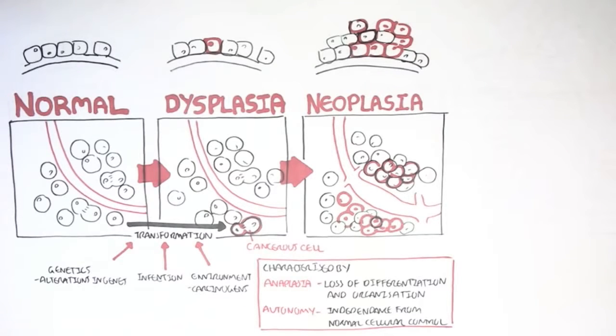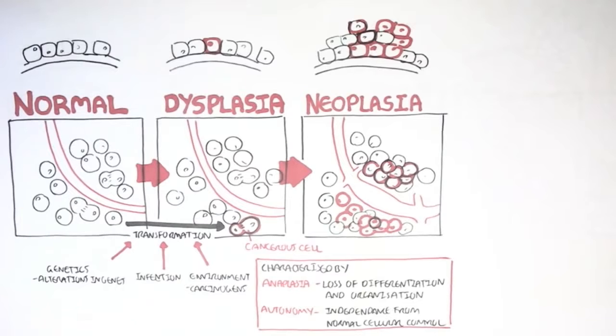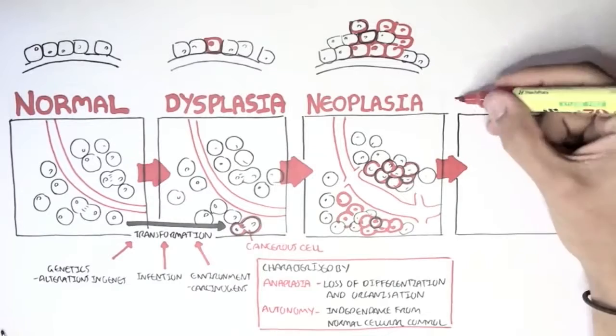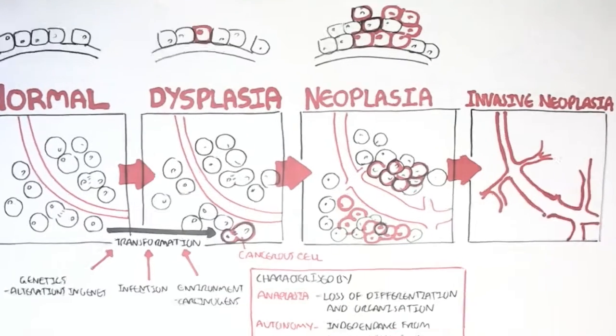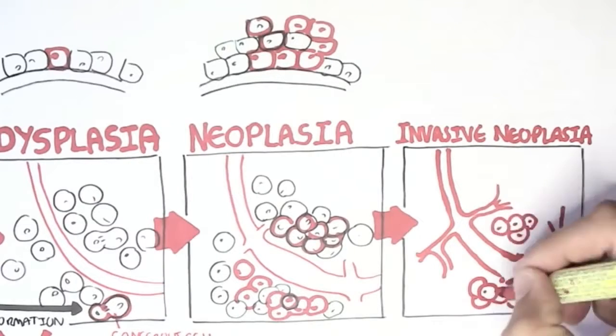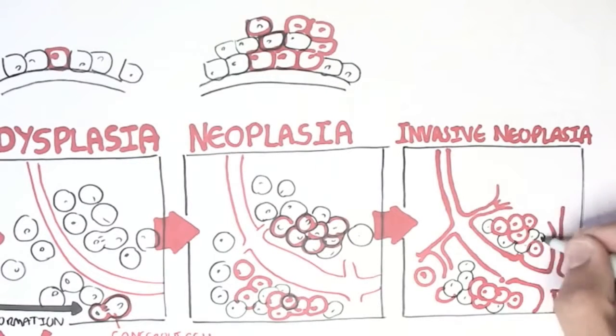Further, new blood vessels will also begin to form to supply nutrients and energy for these cancer cells. Then, after a while, the cancer cells will divide even more and can become an invasive neoplasia, where the new blood vessels are formed all around the tissue.